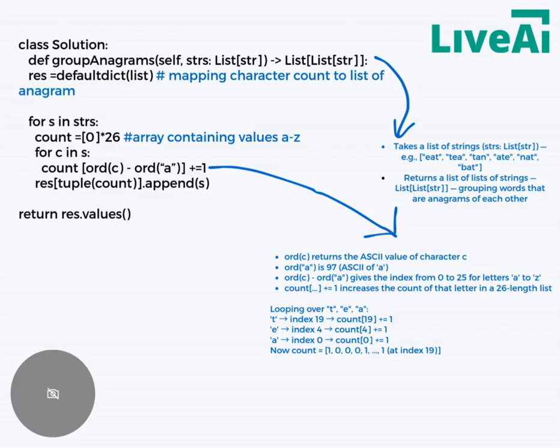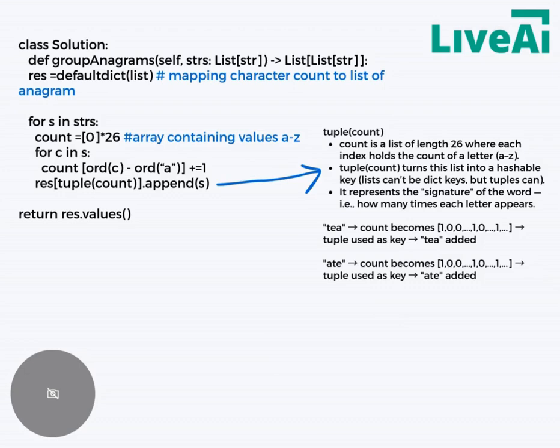So c minus ord('a') gives the index from 0 to 25 for letters a to z. Bear in mind c is a character. The plus equals increases the count of the letter in the 26-length list. If a letter appears more than two times, it will just keep incrementing the value, be it t, e, or any other character.